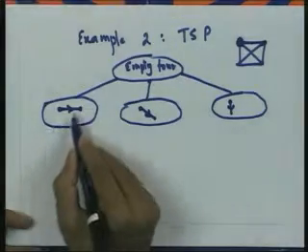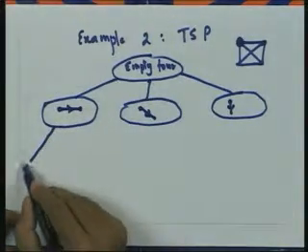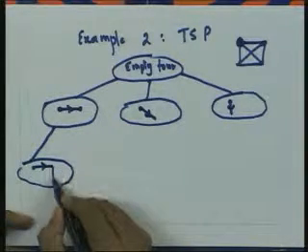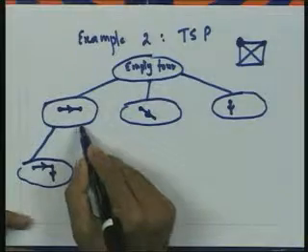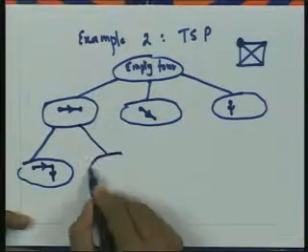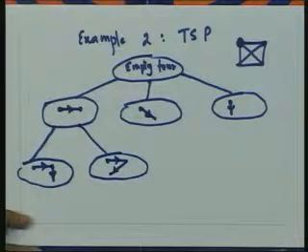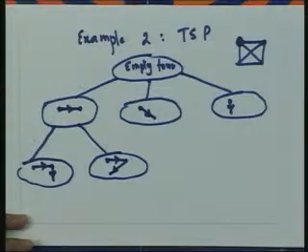Then this tour can further be extended over here. So starting at this, it can go down directly, or it can go back diagonally, and so on. So eventually we'll get to a leaf where we'll have complete tours.